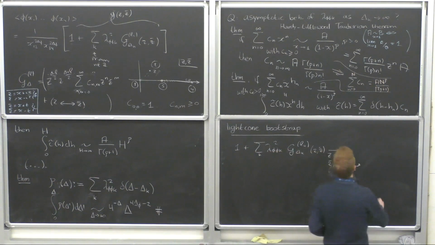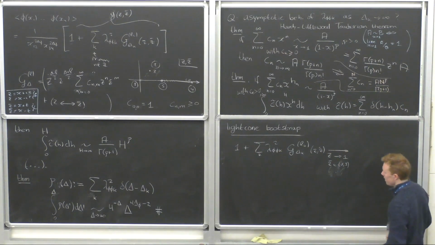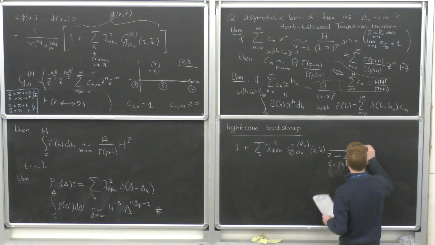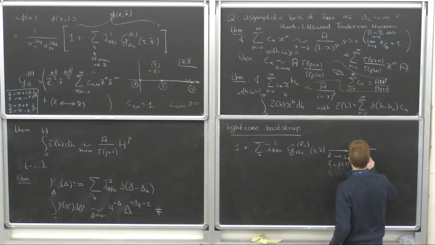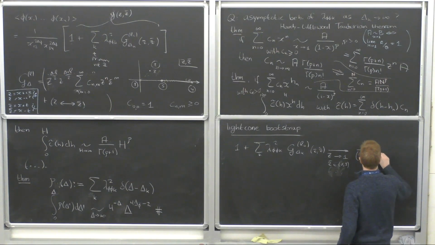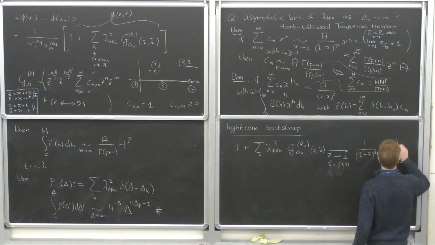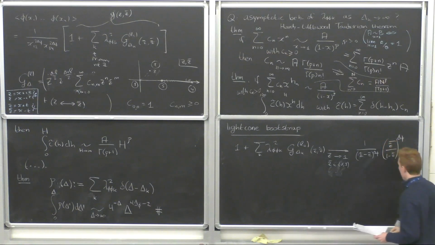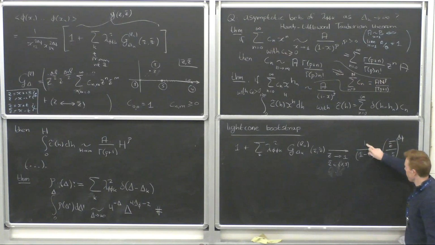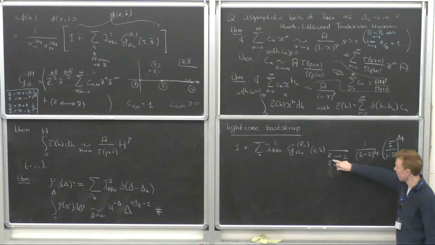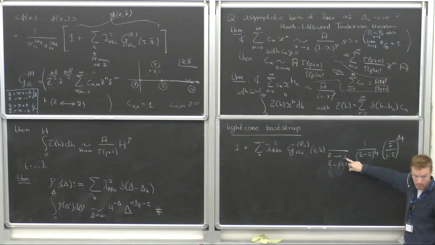So what happens? Well, we have the identity in the other channel, which is the dominant term, this 1 over 1 minus z to the delta phi, and then there is z bar over 1 minus z bar to the delta phi. And I omitted a z to the delta phi here, and that's the only thing I dropped because I'm looking at the leading term as z goes to 1.